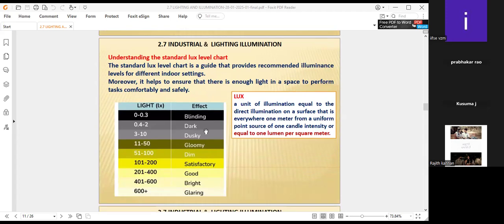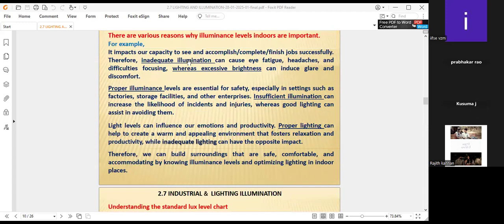The standard lux level chart is a guide that provides recommended illumination levels at different indoor settings. Moreover, it helps ensure that there is enough light in a space to perform a task comfortably and safely.